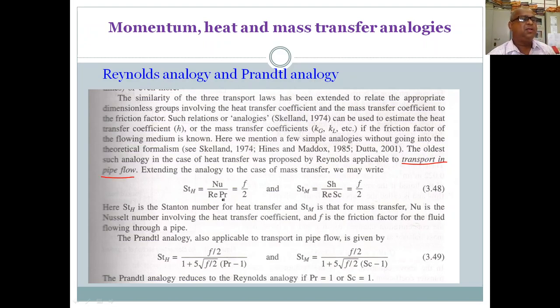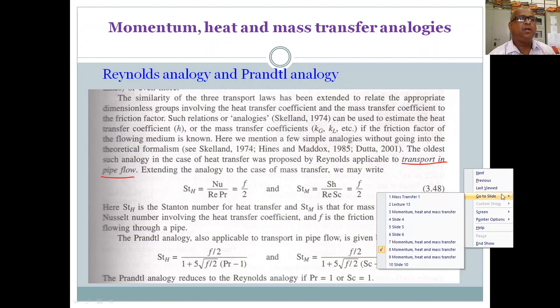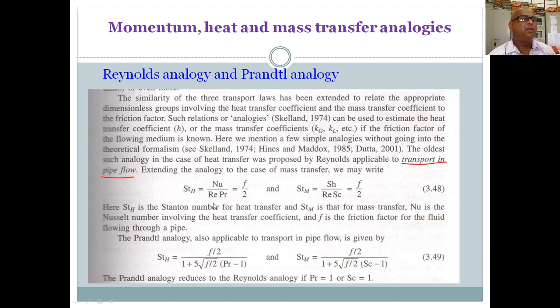So the Stanton number for heat transfer will be friction factor by 2, F by 2, and the Stanton number for mass, that is Sherwood number by Reynolds number into Schmidt number, is equal to F by 2.